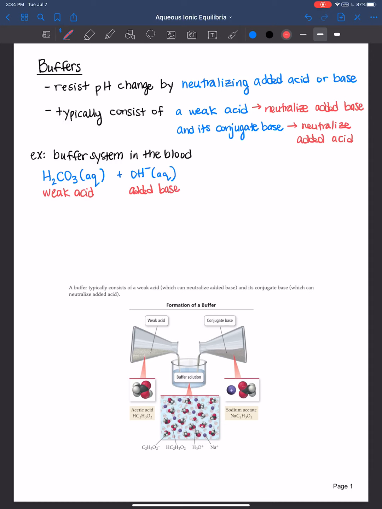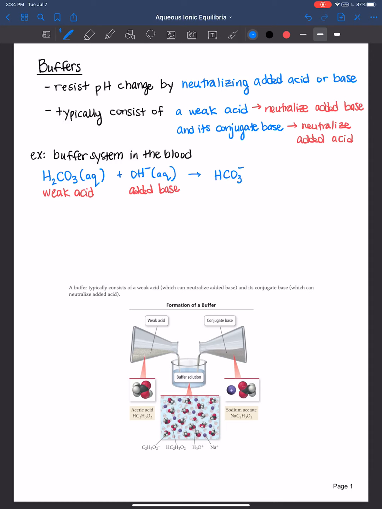Remember, a Bronsted base is a proton acceptor, and a Bronsted acid is a proton donor. So the hydroxide will take the proton from carbonic acid to make the conjugate base of carbonic acid, which is bicarbonate.